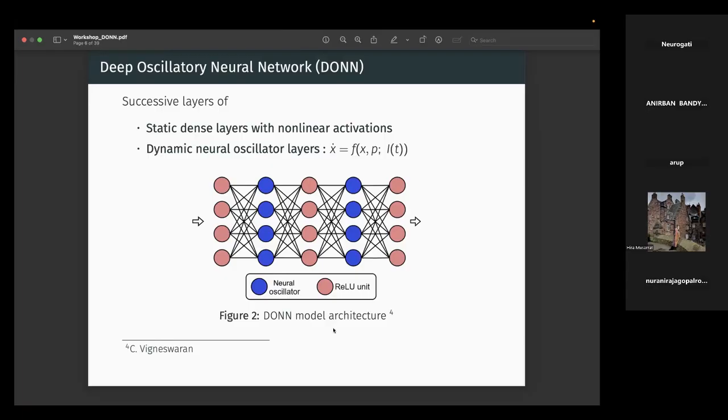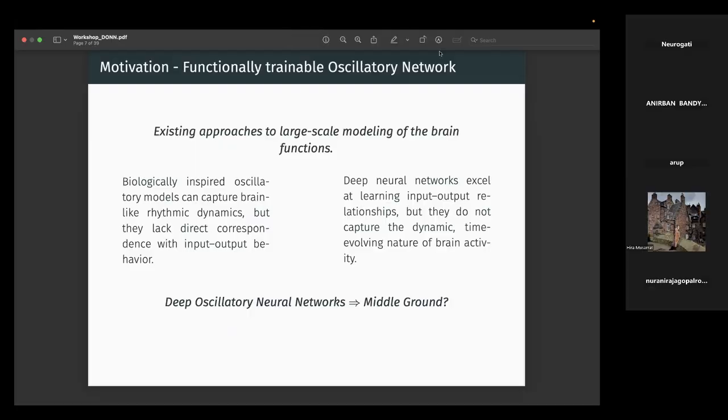The only difference now is that the alternate layers are either static, traditional neural network units that you may have studied up until now, and the other stages are neural oscillators. The oscillators that we are considering are Hopf oscillators, which have been described by Sir in detail as well as by Anirban, but I will give a small idea of what these are.